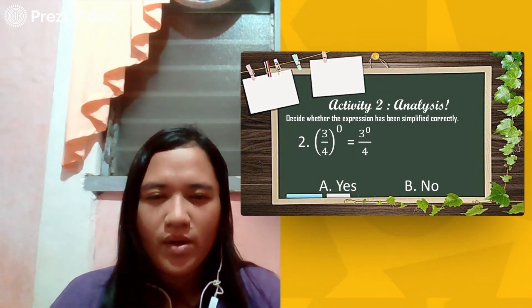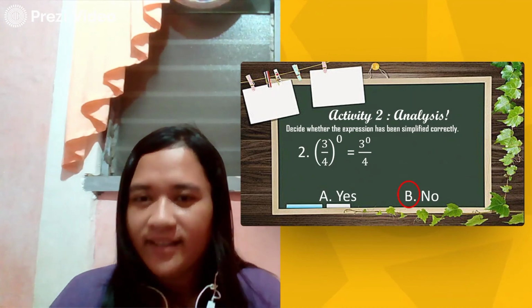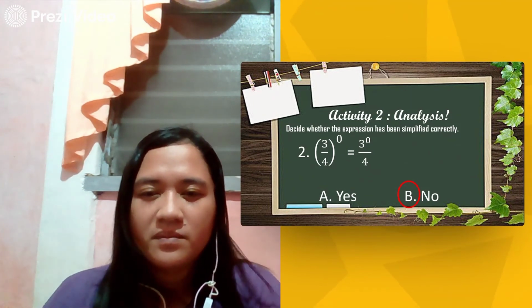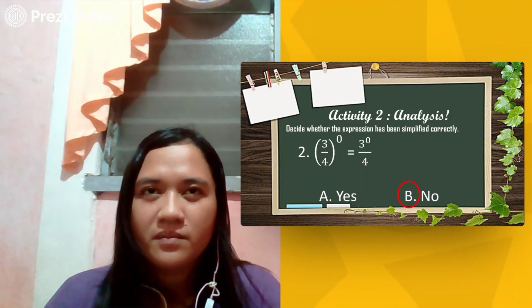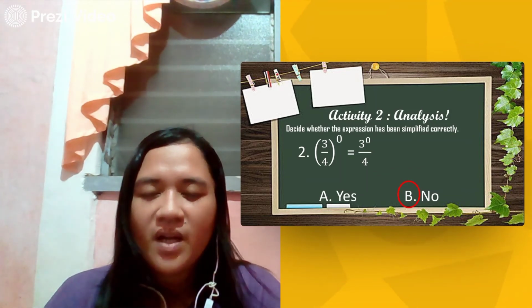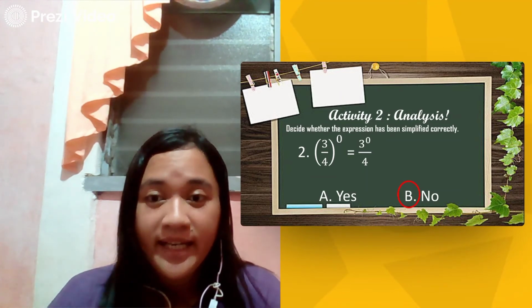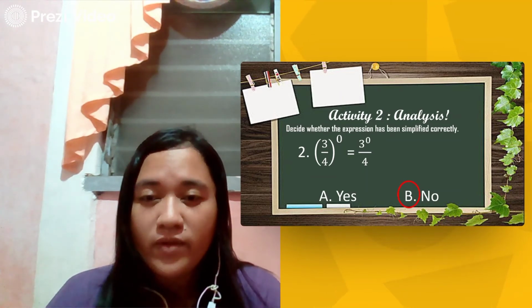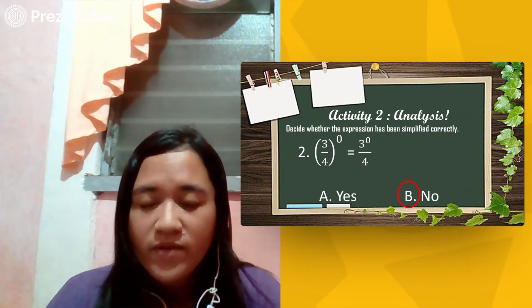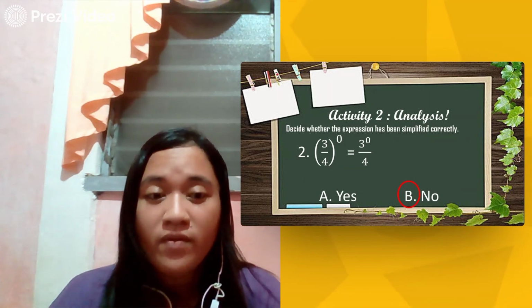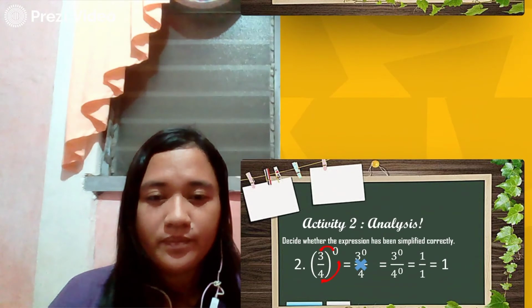Yes, very good. Wala niya nagamit ang use of power of the quotient rule. Yes, that's right. Okay? Wala na-apply niya ang law of exponents, the power of quotient rule.